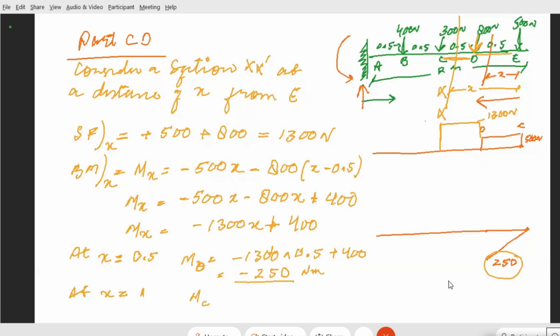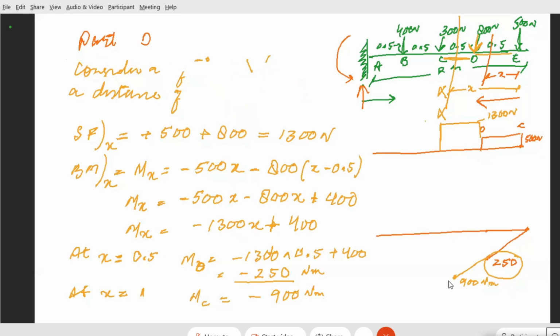And at point C now, where x is equal to 1, it will be minus 1300 plus 400, which will be simply minus 900 Newton meter. So you can go from this distance to this distance where you have a minus 900 Newton meter as bending moment. Okay.